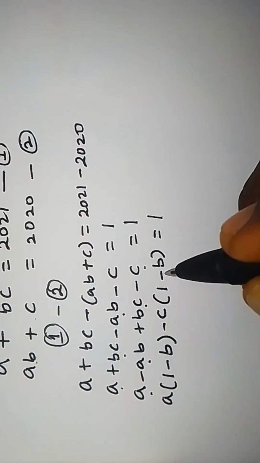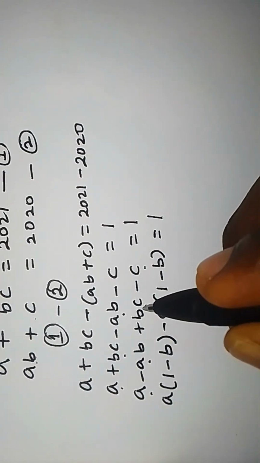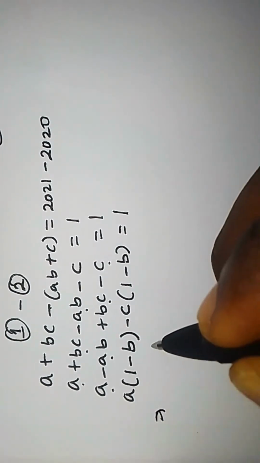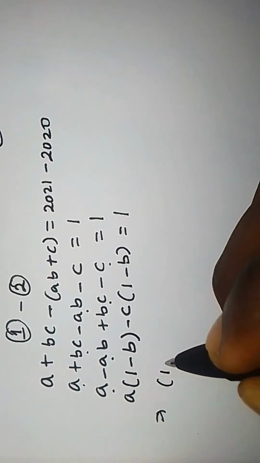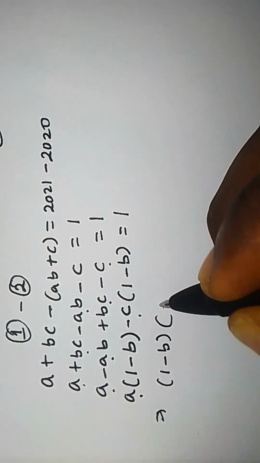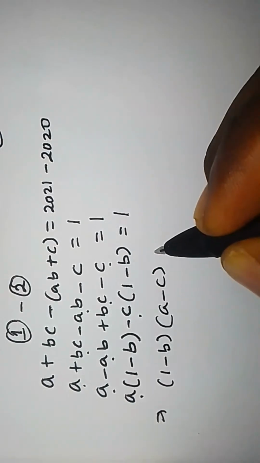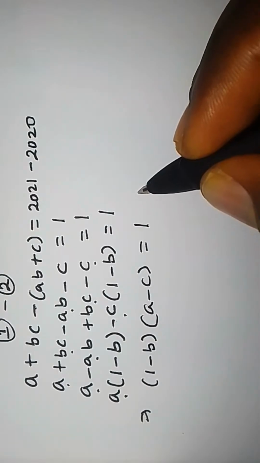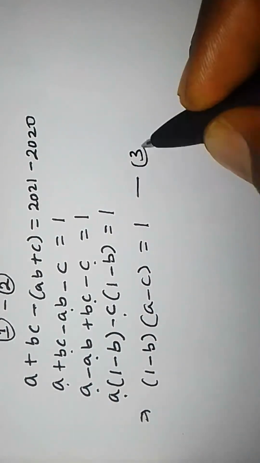Minus C times minus B, we have plus BC. Let's proceed further. This means that we have (1 minus B) times (A minus C) equals 1. Let us call this equation 3.